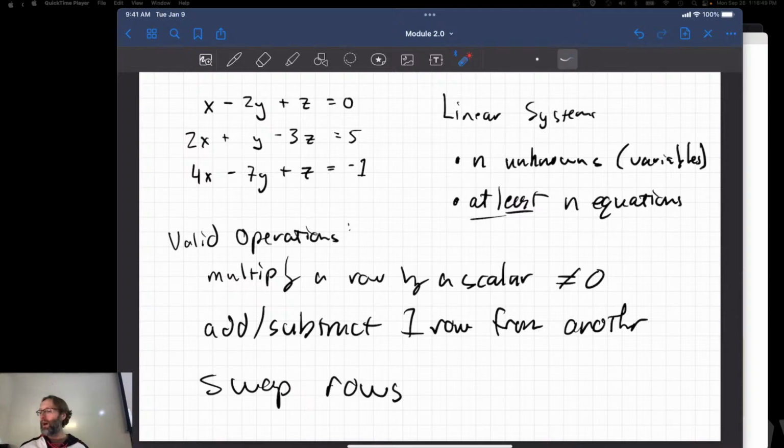What else can you do? You can add a scalar to a row. Can you? Oh, on both sides, right? Like, you can multiply this one by 2 and then add it to that. That's kind of these two in combination.